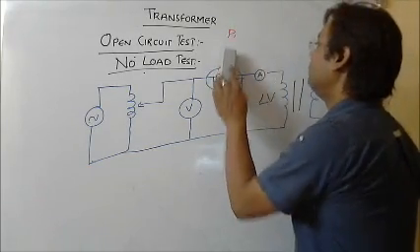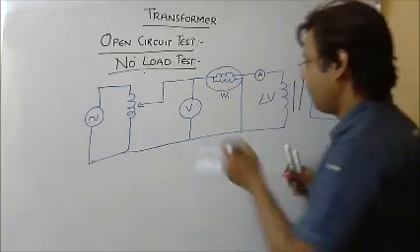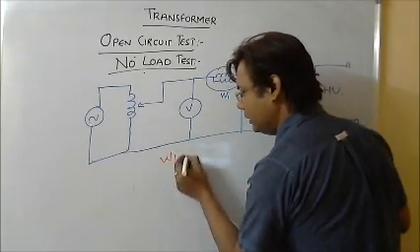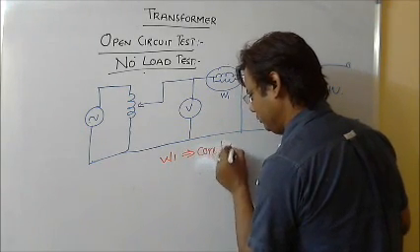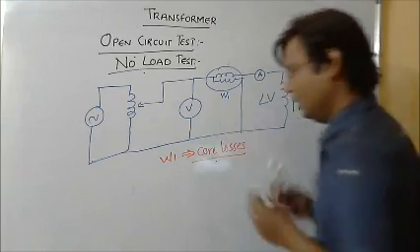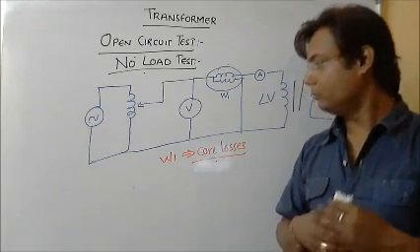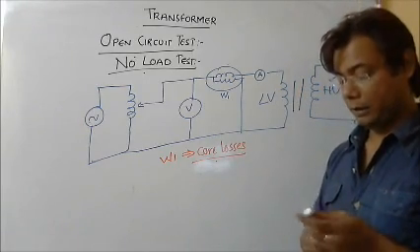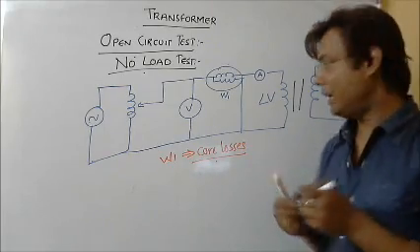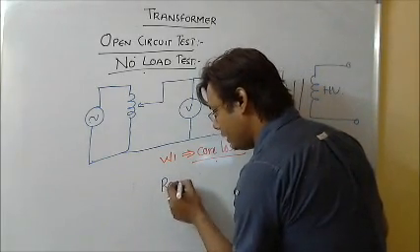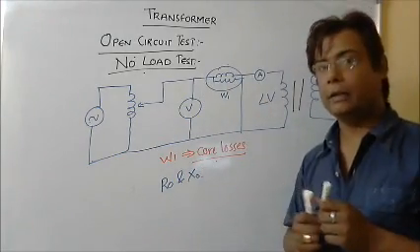Since W1 reads core losses only, this test gives two more things apart from R0 and X0, which we will be seeing right now.